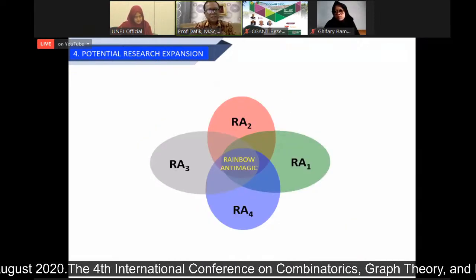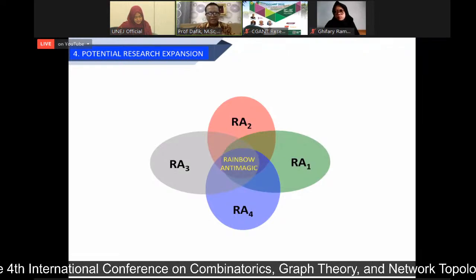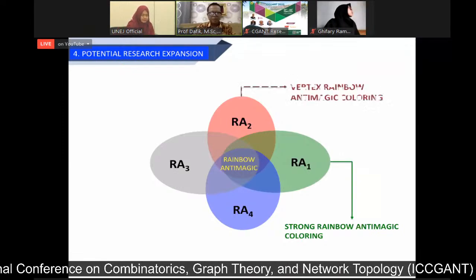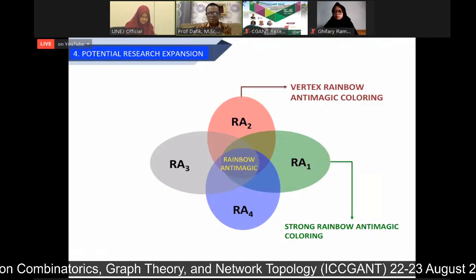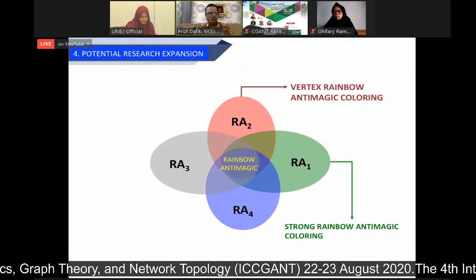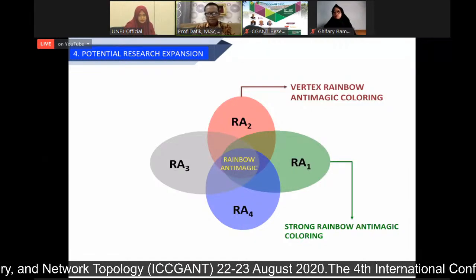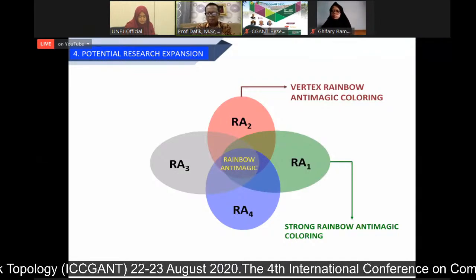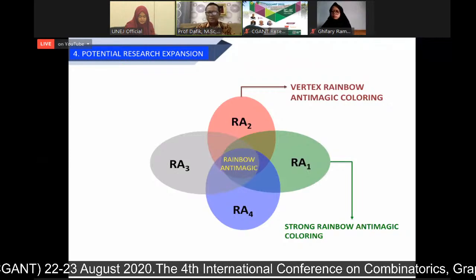For researchers, for potential research expansion of rainbow anti-magic, in the future we can have a strong rainbow anti-magic coloring. So what do we mean by strong rainbow anti-magic coloring? If you can find the shortest path, consider it a rainbow path.